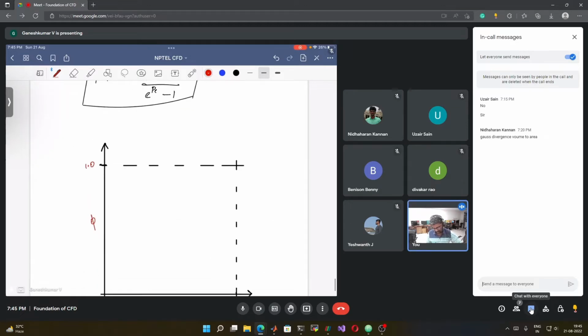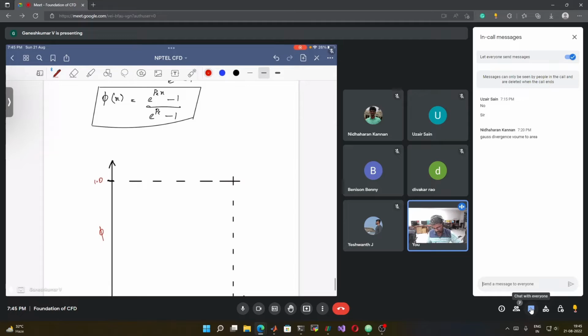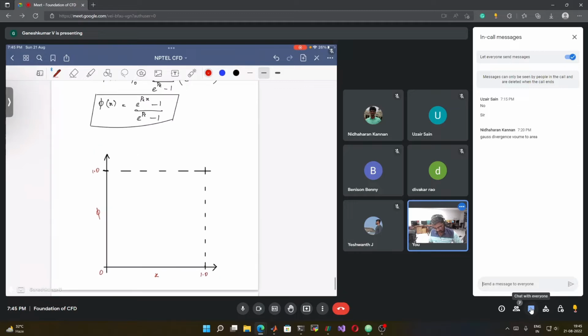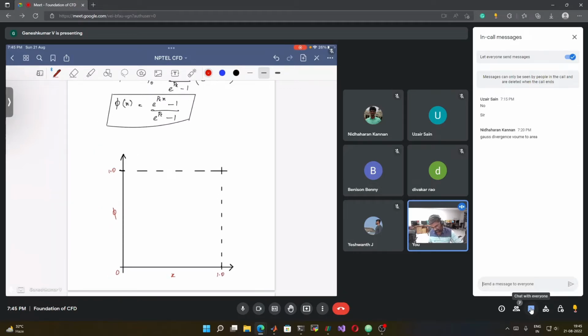So let's say this is the phi of x. This is exponential in nature, this is going to be constant. This is e power Pe times x minus 1. So let's say if you want to plot it, what if the Peclet number, let's consider Peclet number equal to 1, how would our solution be? Can you guys guess?